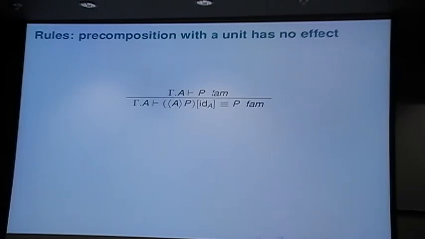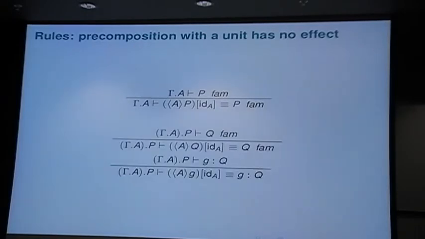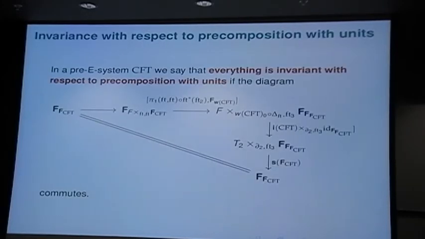If you have a family P, now you can weaken this family P by A itself to pretend that it depends on A 2 times, and you can substitute the unit in this, and that's going to be P again. So that's another of those rules. There are again 3 of them, and some diagram commutes.